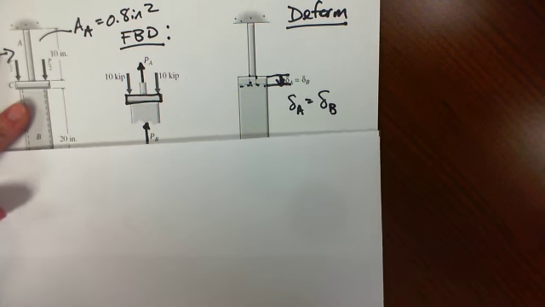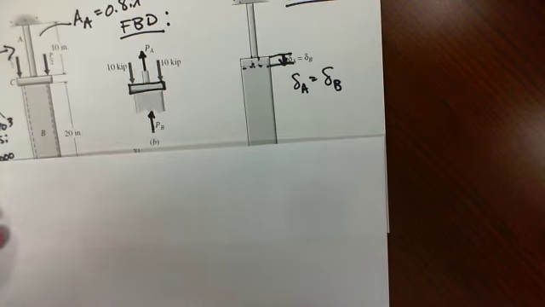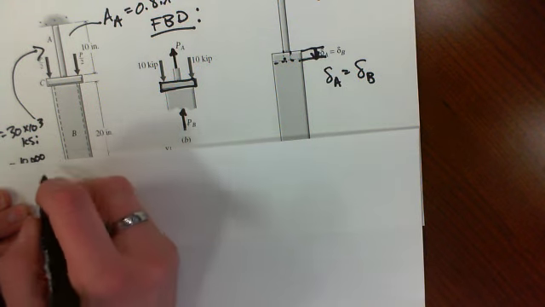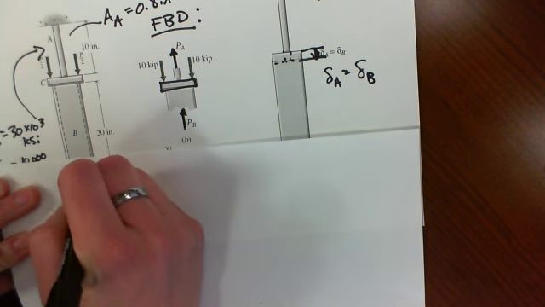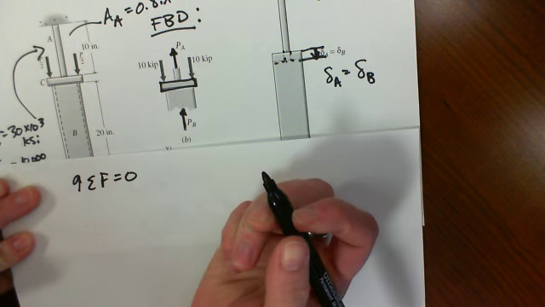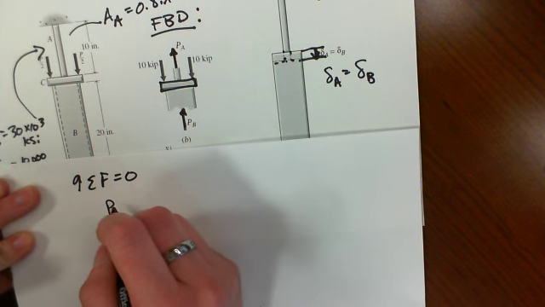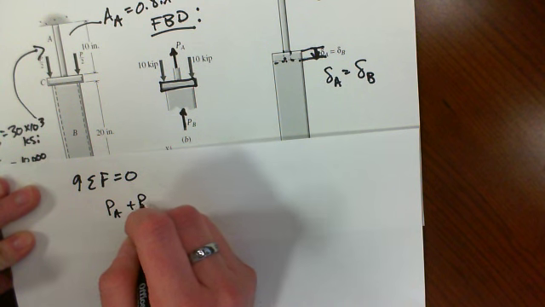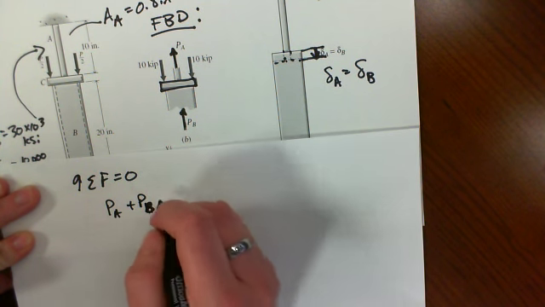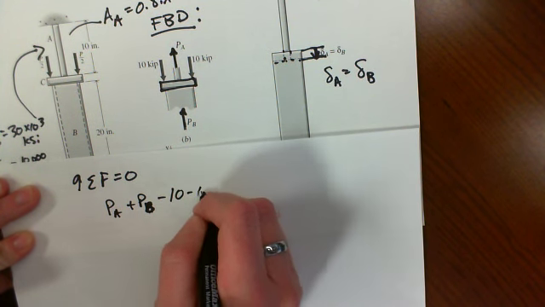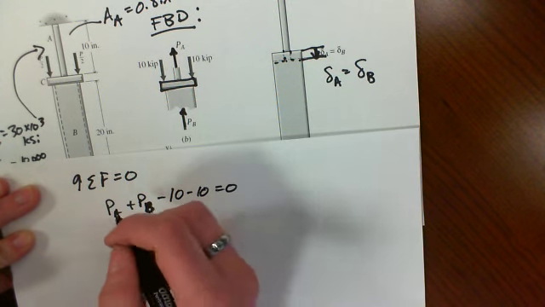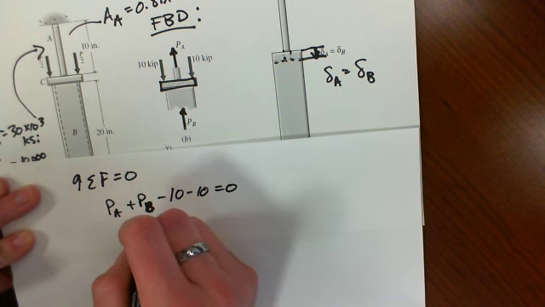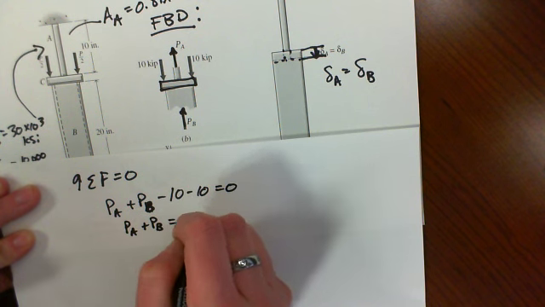So, looking at this free body diagram, let's do our equations of equilibrium. If we sum the forces, we have P_A plus P_B minus 20 is equal to 0. So from this we have P_A plus P_B is equal to 20.